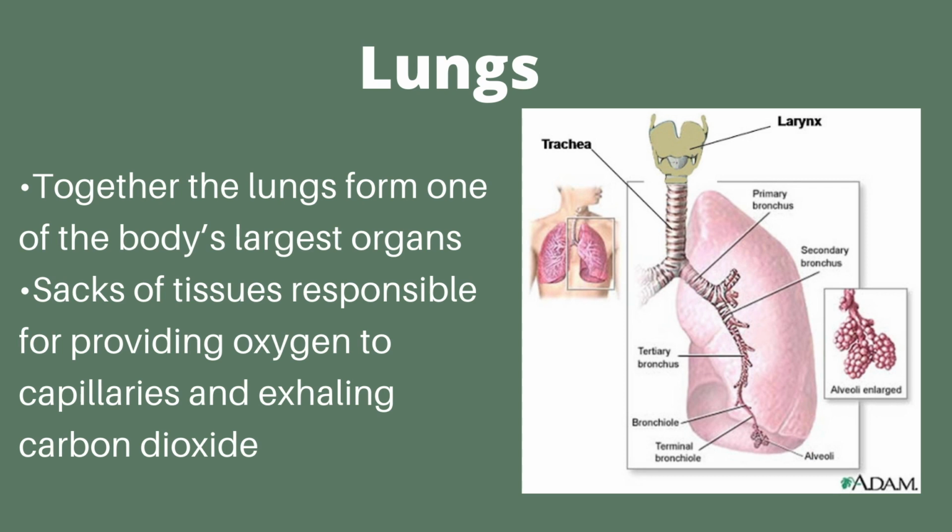Each of the two lungs is divided into sections. These are called lobes, and they are separated from each other by connective tissues. The right lung is larger and contains 3 lobes. The left lung is smaller and contains only 2 lobes. The smaller left lung allows room for the heart, which is just left of the center of the chest.